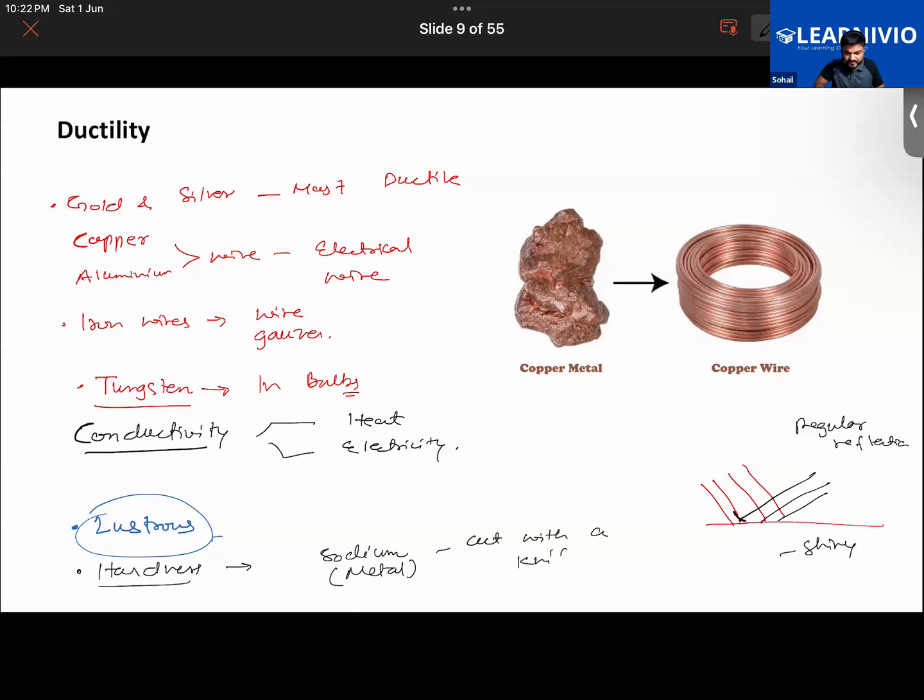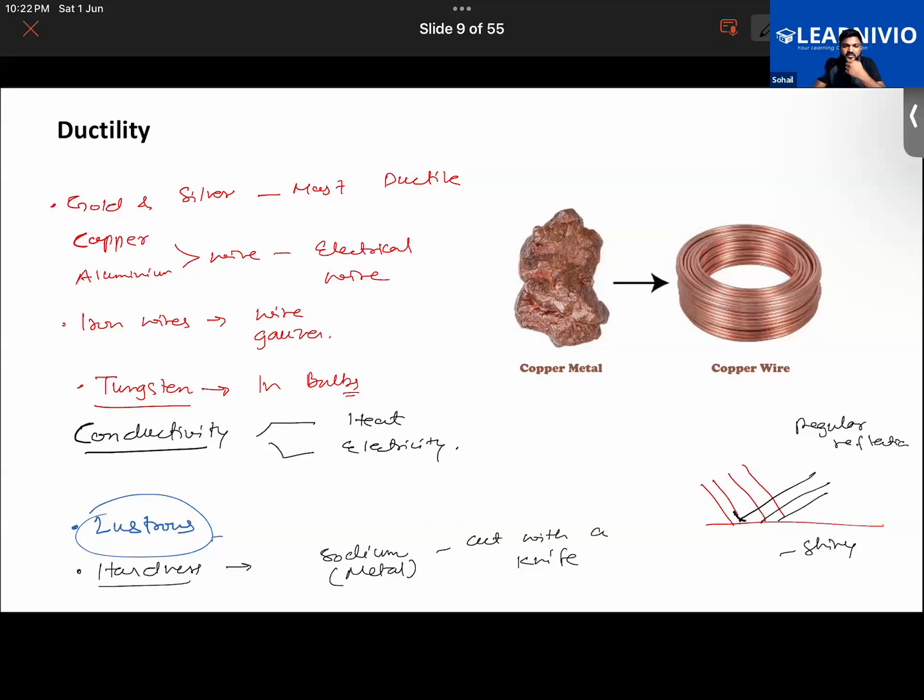It is so soft that it can be cut with a knife. Most metals can't be cut easily, but sodium and potassium can, and you can cut them with a pair of scissors also.